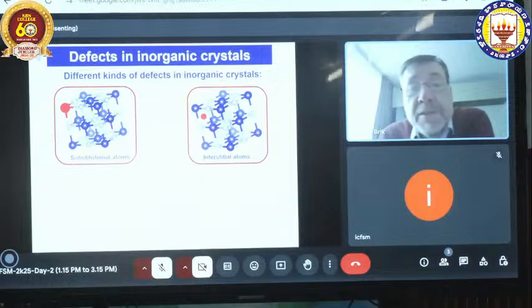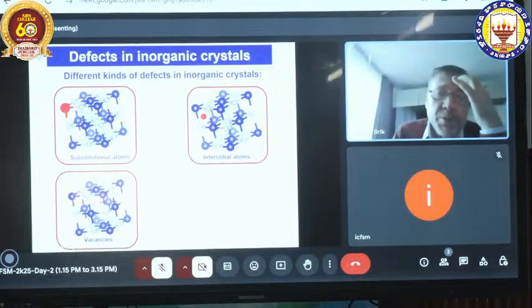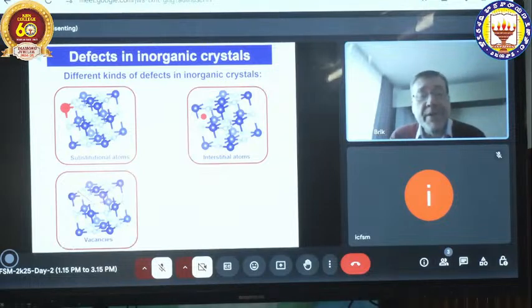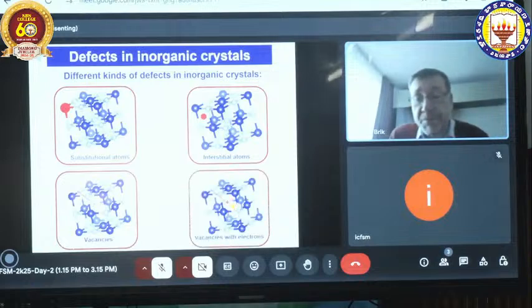It also can happen that this other atom occupies a position in between crystal lattice sites. That is the so-called interstitial atom. Or we also can have a vacancy, when the host ion is kicked away for some reasons, and then there is an empty space at the position. And that empty space can attract electrons. So then we can have some electrons which are bound to those vacancies.